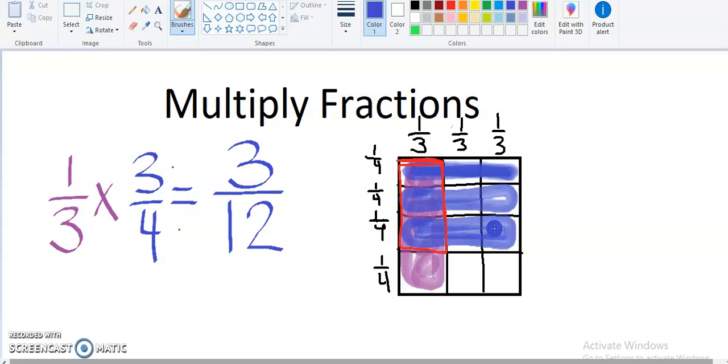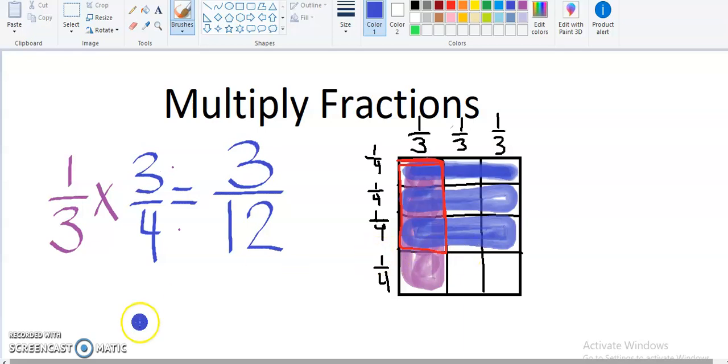And the shaded part, 1/3 is greater than the shaded part. And 3/4 is greater than the shaded part. So when we multiply fractions, the product is smaller. But when we multiply whole numbers, the product is greater.